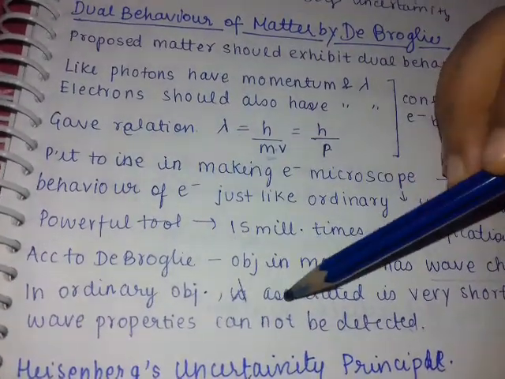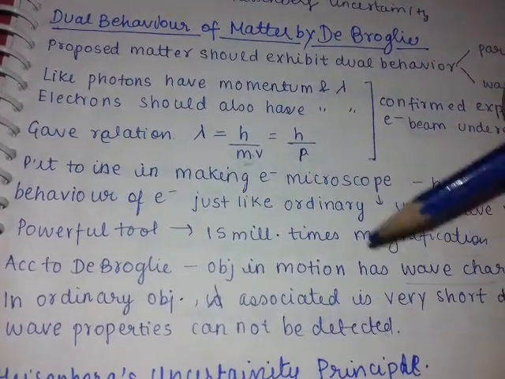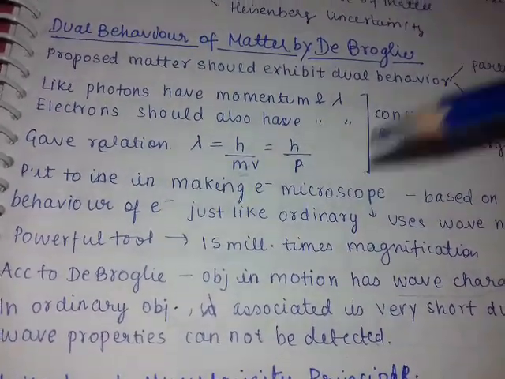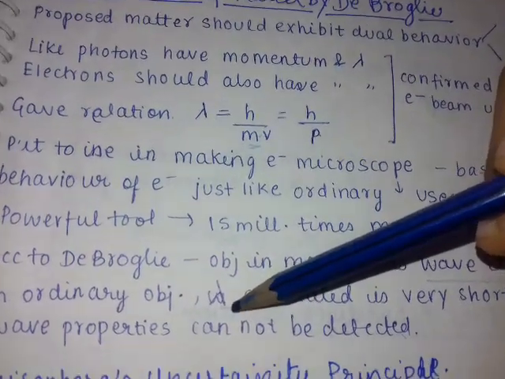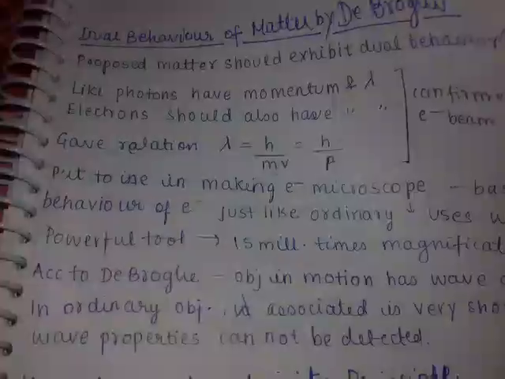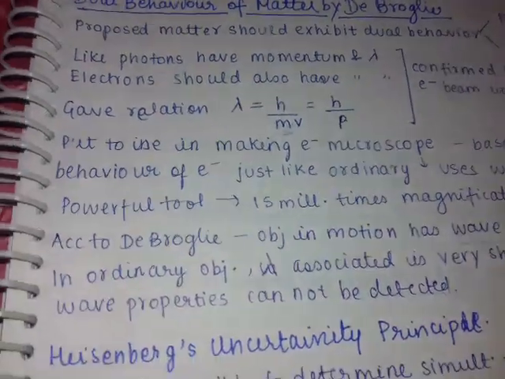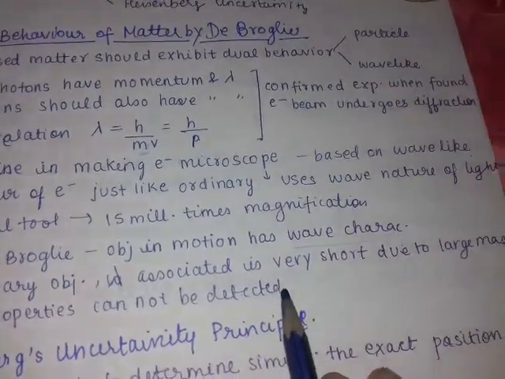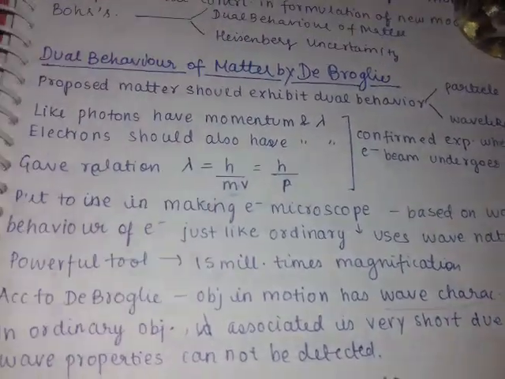So day-to-day objects which have momentum, which have some velocity, which show motion, do not have a detectable wavelength, because it is very negligible due to the very large mass of such objects. So their wave properties cannot be detected.